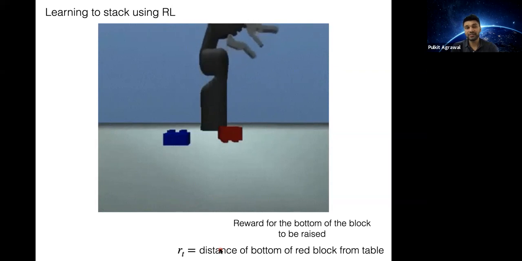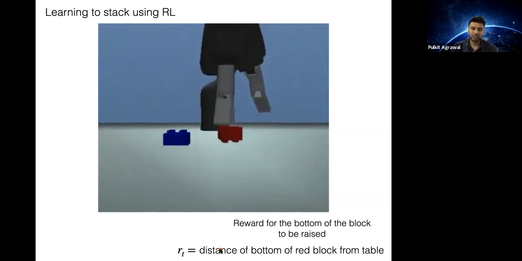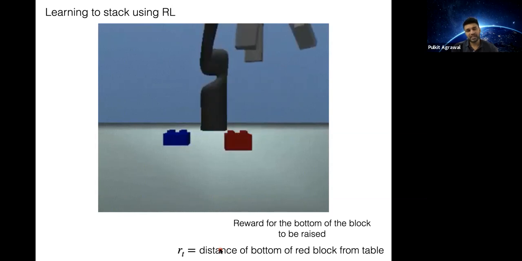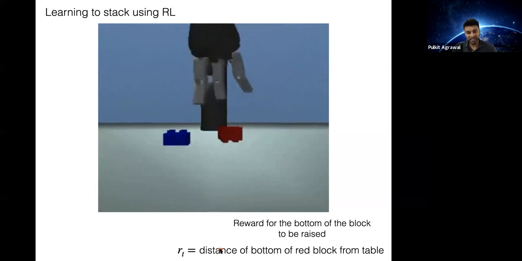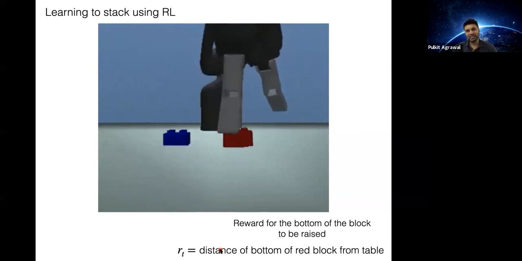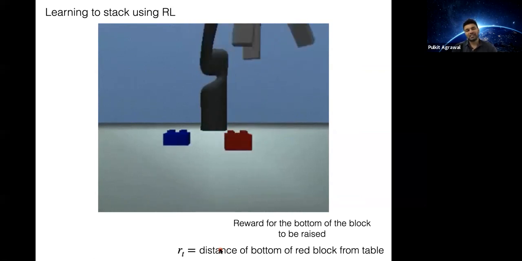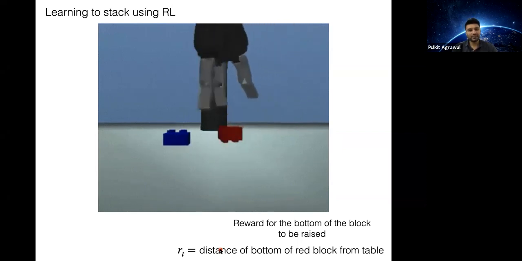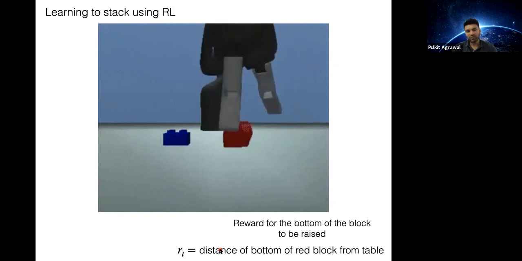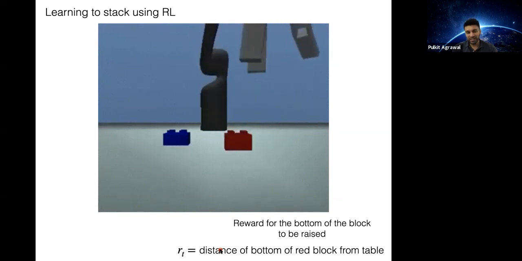So the takeaway is that given a reward function, there are many possible ways to optimize a reward function. Just like it could have thrown it, it could have flipped it, it could have lifted it to a height, it could have done any of those things. And we have no way of saying what to do.